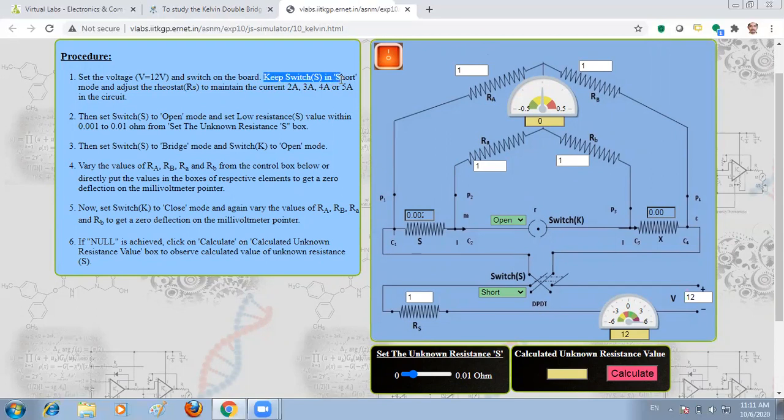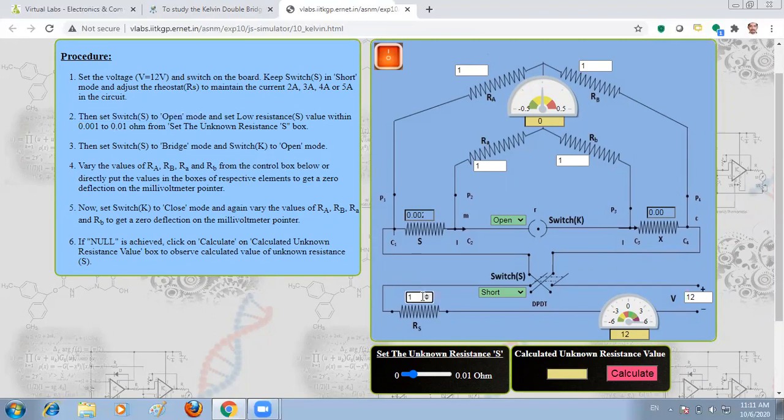Keep switch S in short mode. Here switch S is given and it is already in short mode. Then adjust the rheostat RS. So we have to adjust this resistance RS. Next, set switch S to open mode.